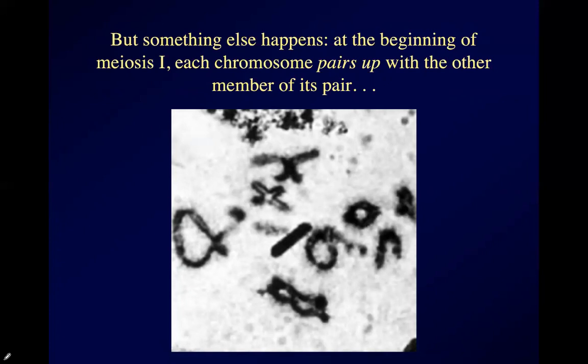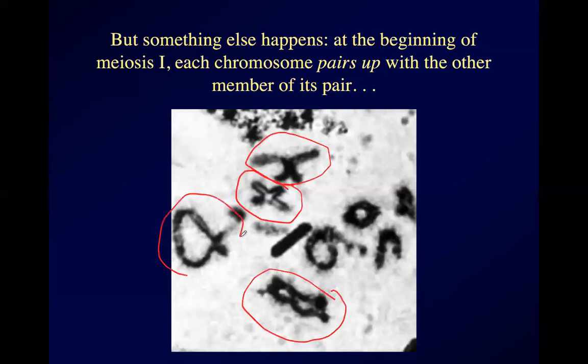Each chromosome 2 will pair up with the other chromosome 2, and so on. And what you're looking at is a bunch of chromosomes that have paired up. This thing that looks like an X in the middle, that's a pair of chromosomes. This thing that looks like a fish, that's a pair of chromosomes.